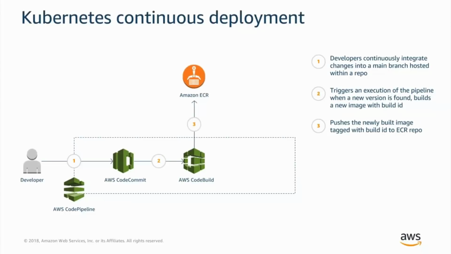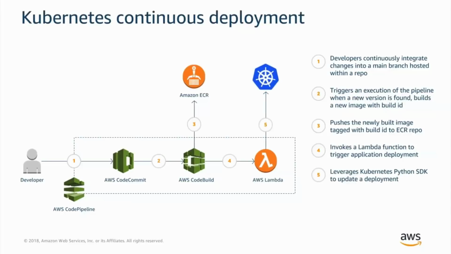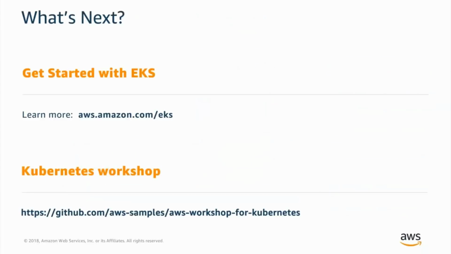Then it would push that image to the ECR repository. Then it would invoke a Lambda function, which will trigger an application deployment to Kubernetes using the Python SDK. That would fetch a new container image from ECR and deploy it on the Kubernetes environment using a rolling update. This code is actually available for you on the GitHub page, so feel free to take a look at that.